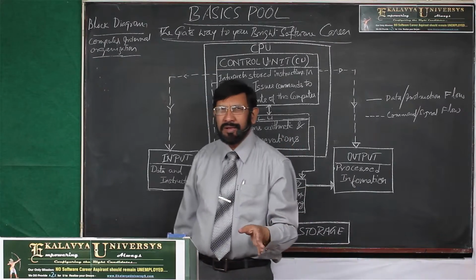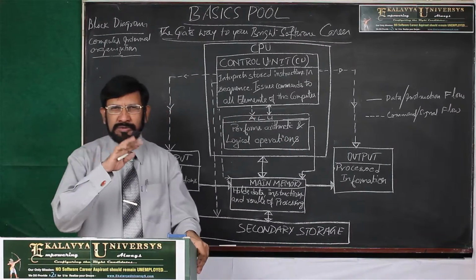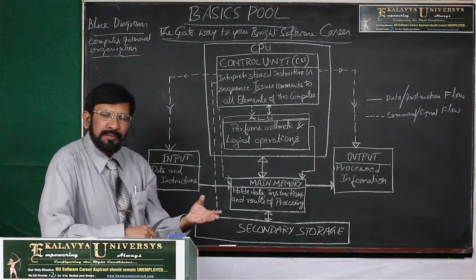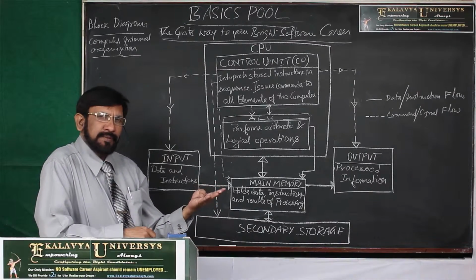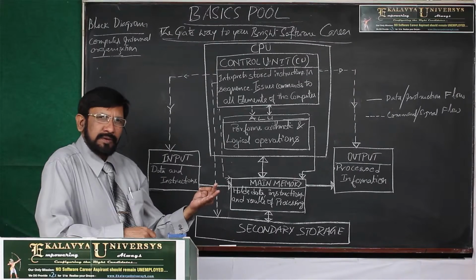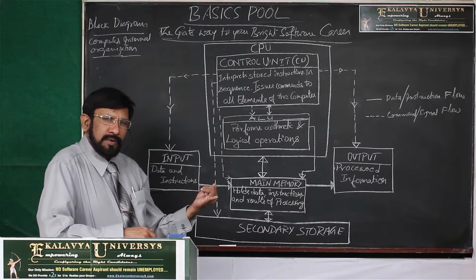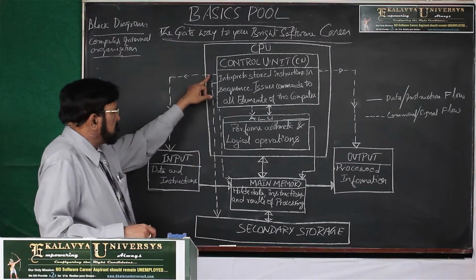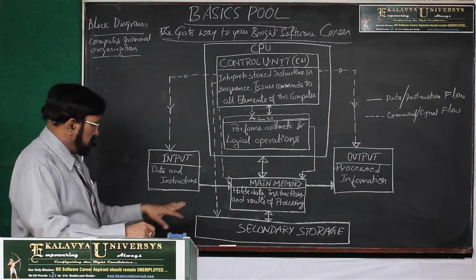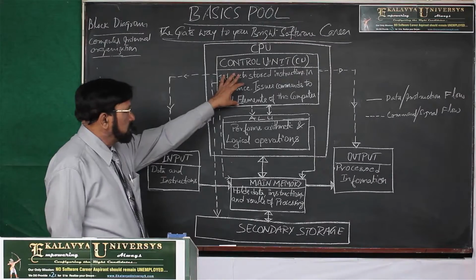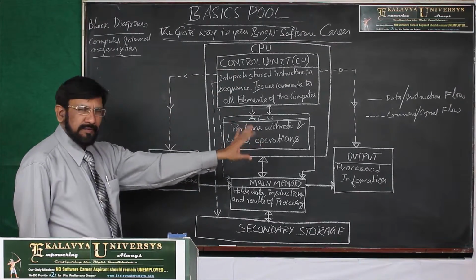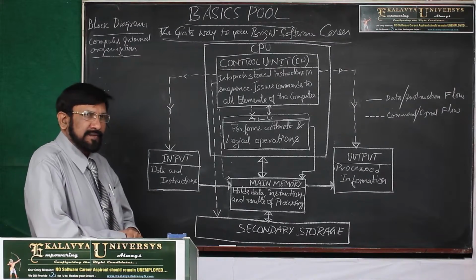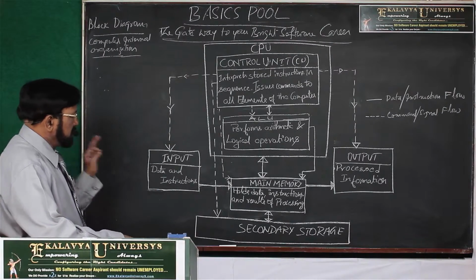This is the simple way the control unit controls the remaining 5 units in the computer: input unit, output unit, ALU, main memory, and secondary memory. That's why you can find dotted lines from the control unit to every one of the other 5 units. And thereafter data. Data is not like that. Data, now we have to see.